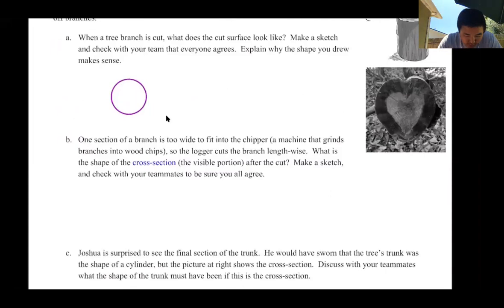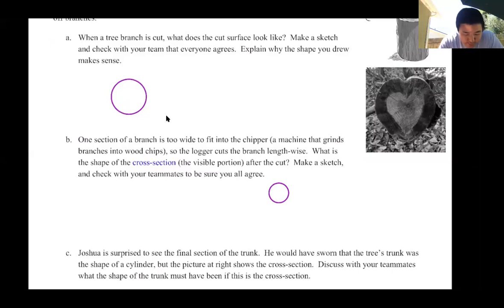So the logger cuts the branch lengthwise. What is the shape of the cross-section? If you cut this like that, it's going to be a rectangle.